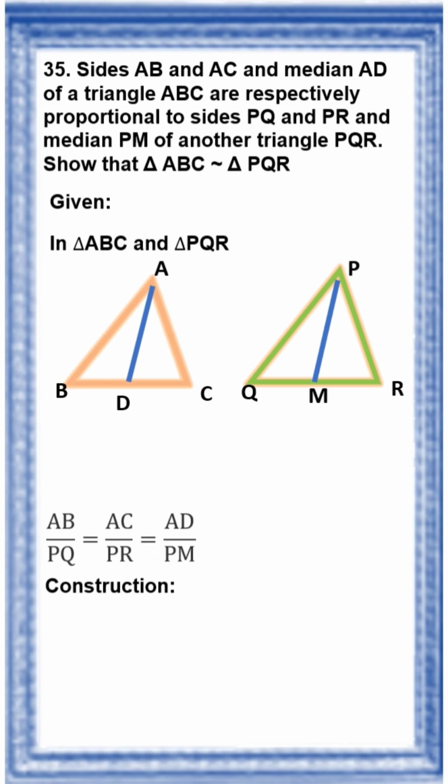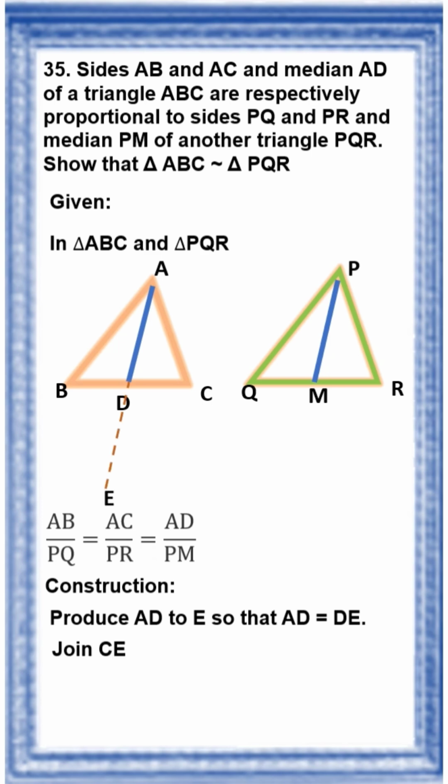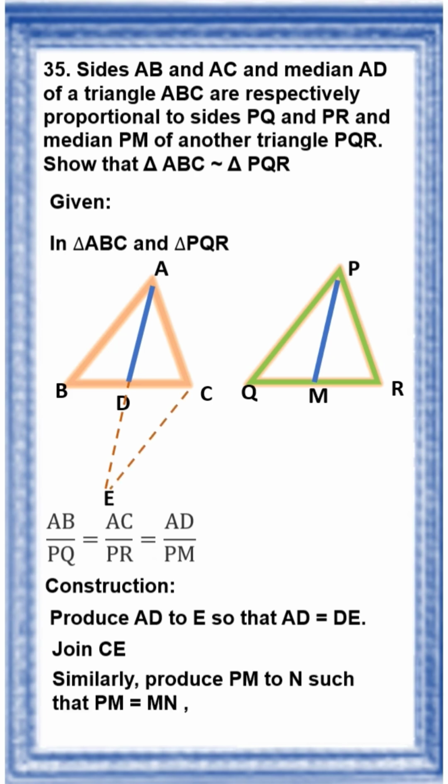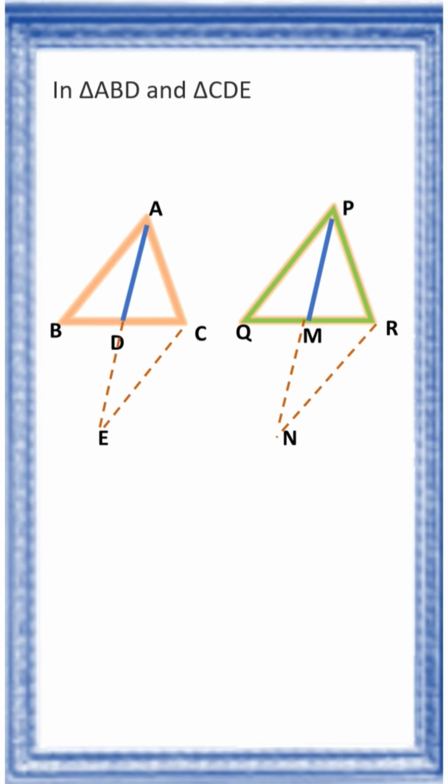Let us do some construction. Produce AD up to E so that AD is equal to DE. Join CE. Similarly, produce PM to N and join RN. In triangle ABD and triangle CDE, AD is equal to DE.